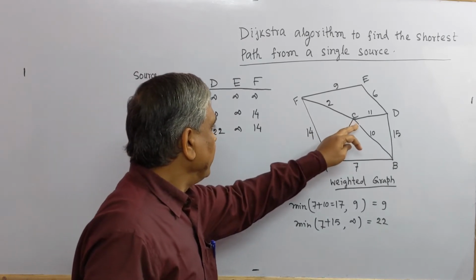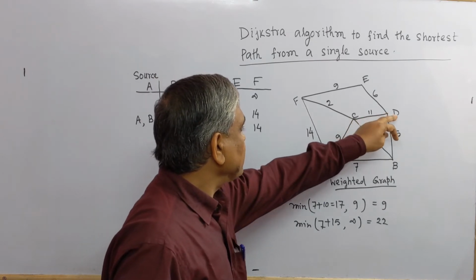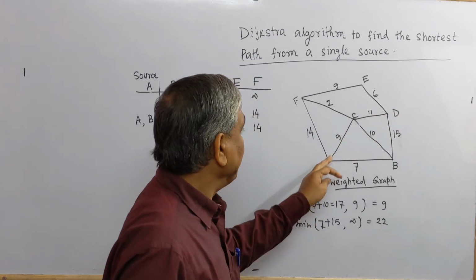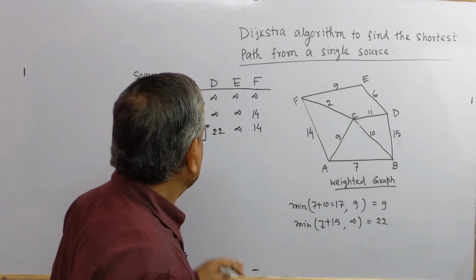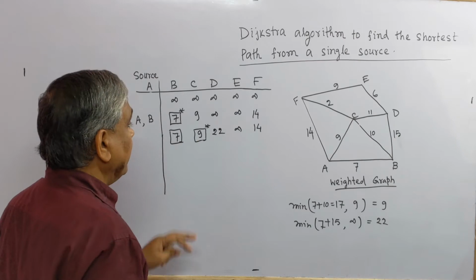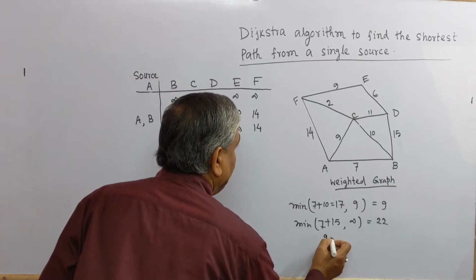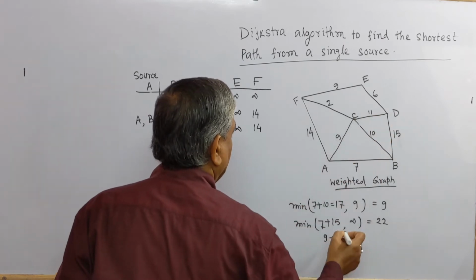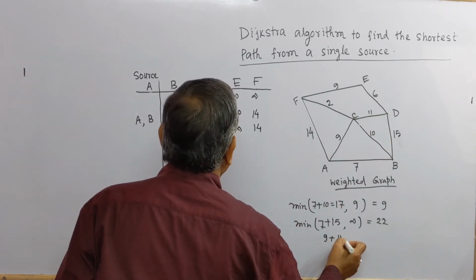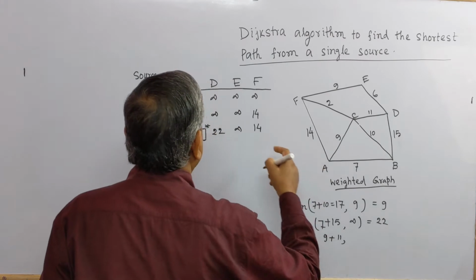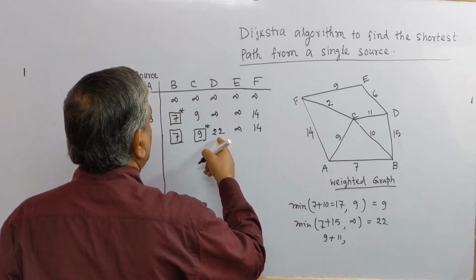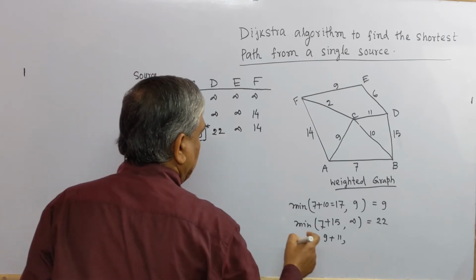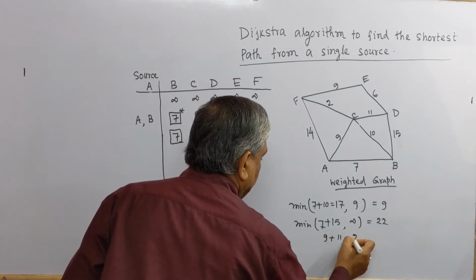Now we find the distance of vertex D from A via C. Here 9 plus 11, and here D was previously written 22.